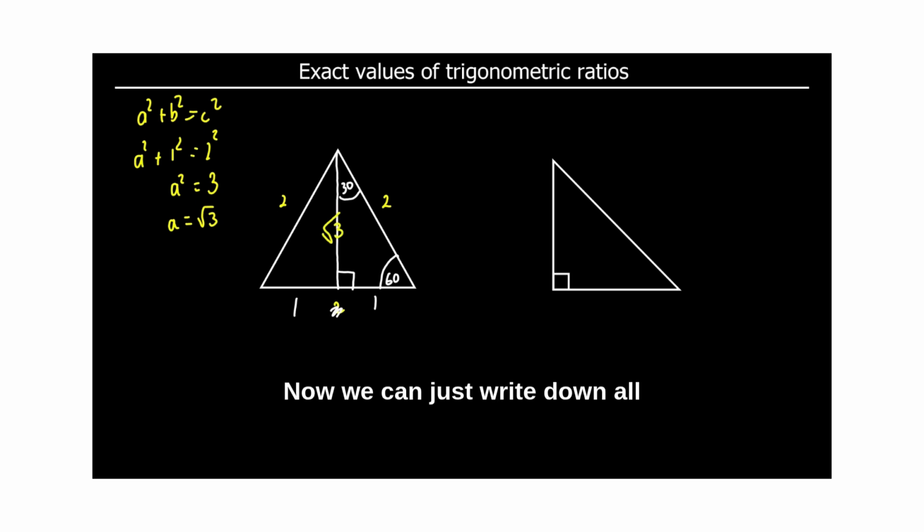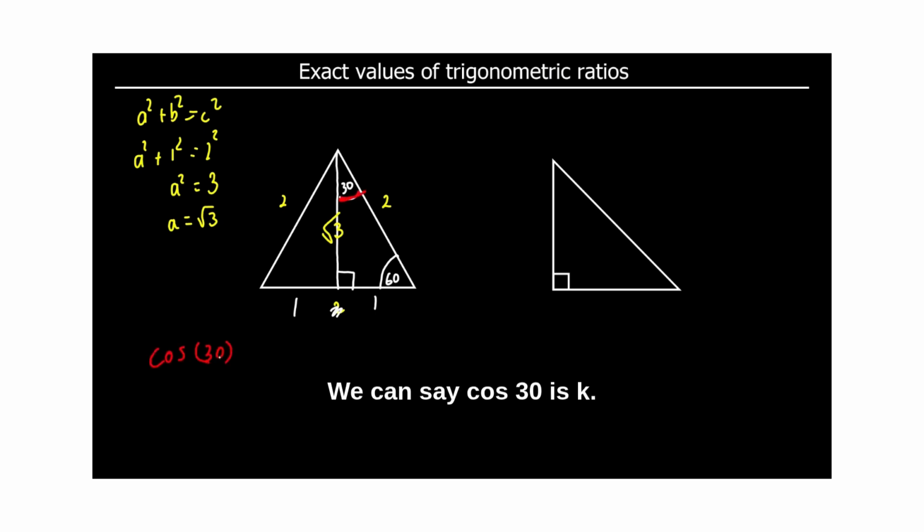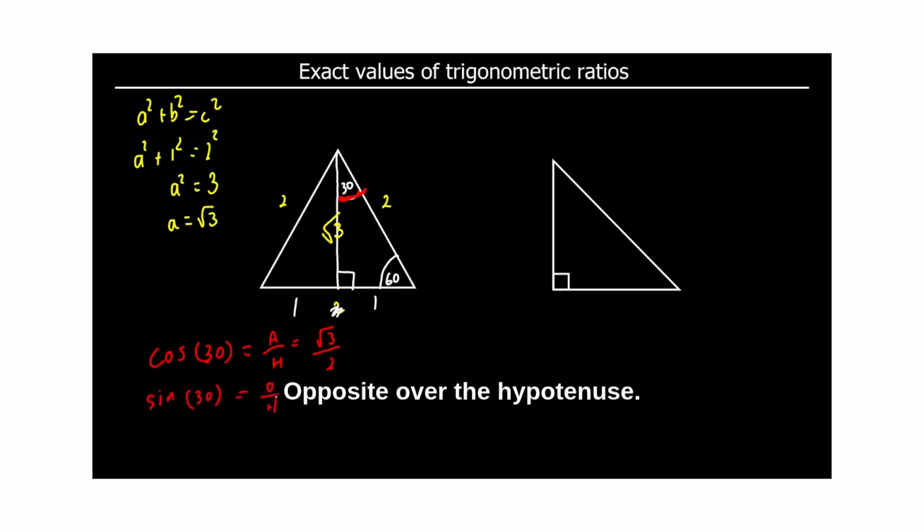Now we can just write down all the values of sine, cosine, tan 30 and sine, cosine, tan 60. So let's say we're looking at this 30-degree angle here. We can say cos 30 is CAH, the adjacent, which is square root 3, over the hypotenuse. So it's A divided by H, which is square root 3 over 2. So cos 30 is square root 3 over 2. Sine 30 is the opposite over the hypotenuse.